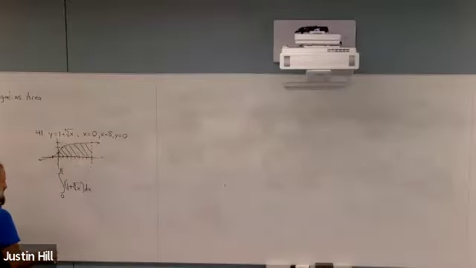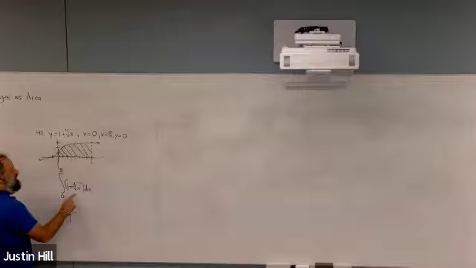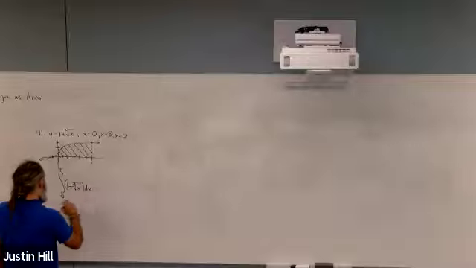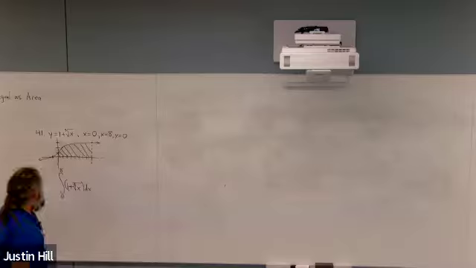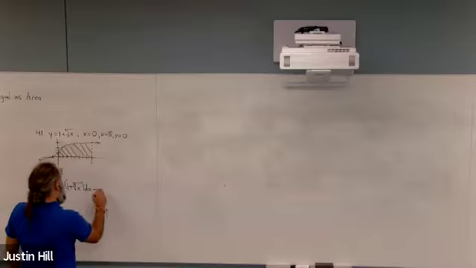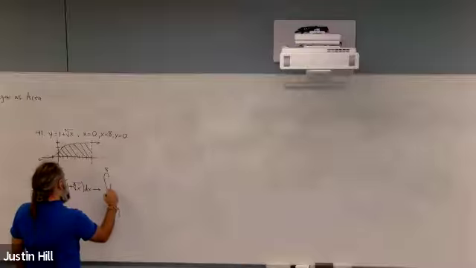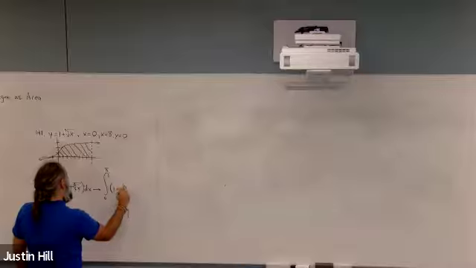Like we talked about last time, realize that cube root of x really means x to the 1/3. So I'm trying to do the integral from 0 to 8 of 1 plus x to the 1/3.